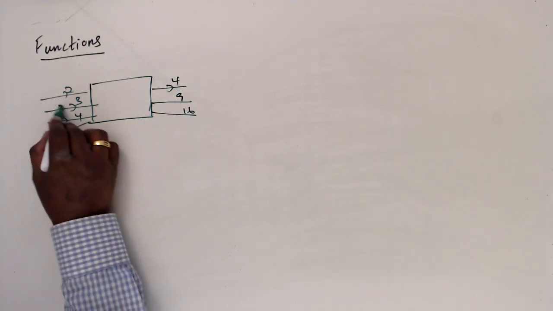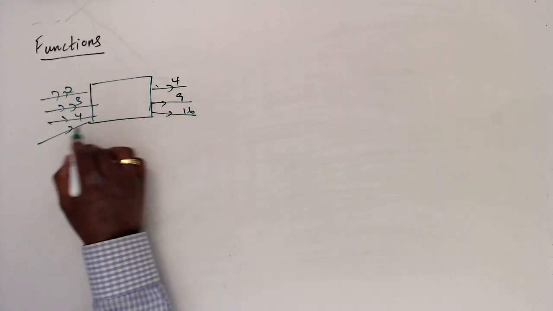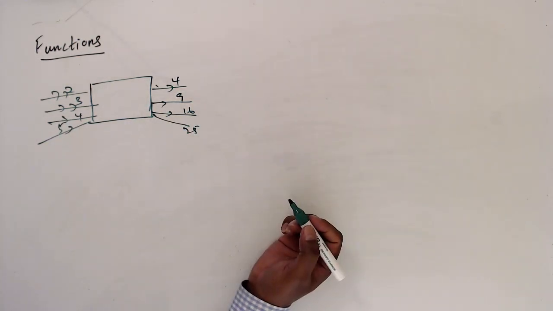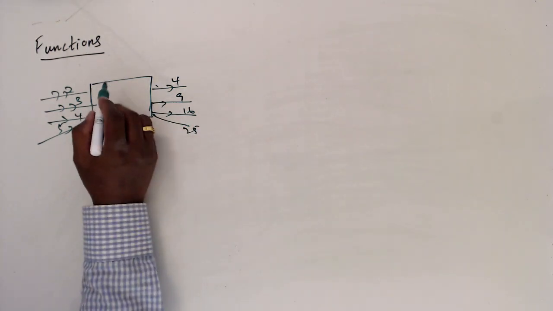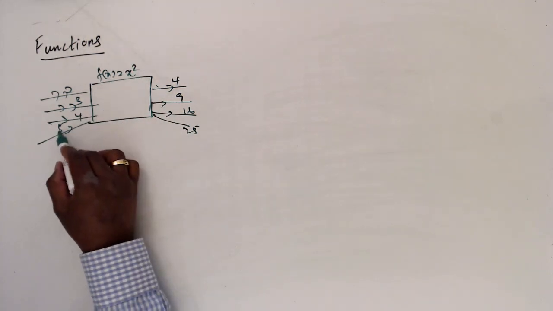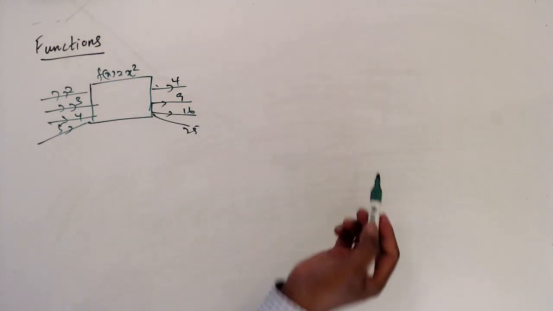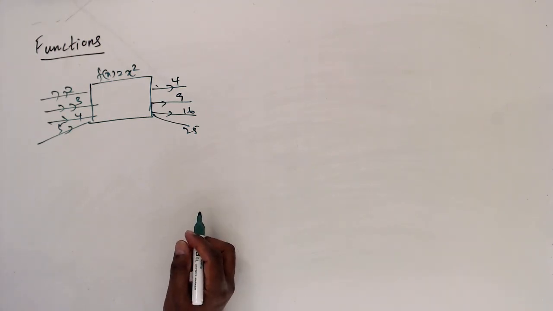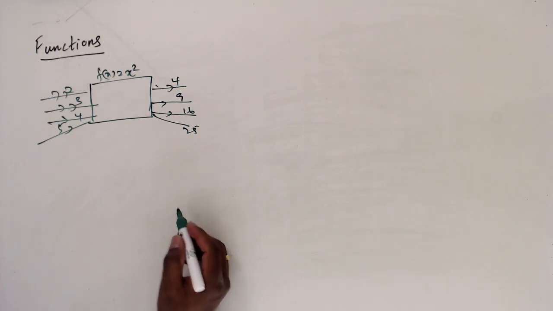When we insert 5, we will get 25. What is this machine? This machine is a squaring machine. f(x) = x². Whatever we put, it will square and produce a number. So what is the domain of this one now?